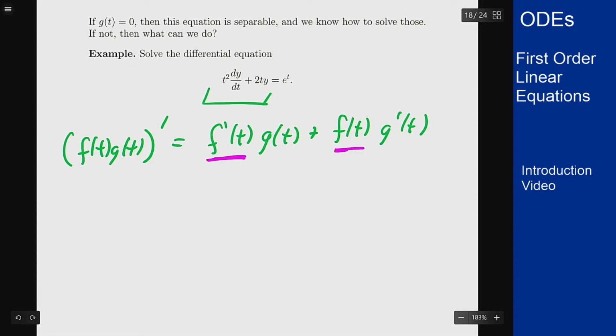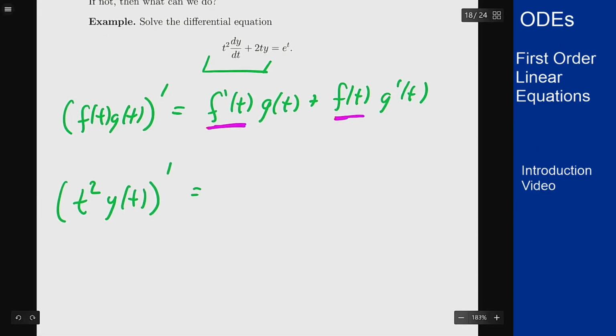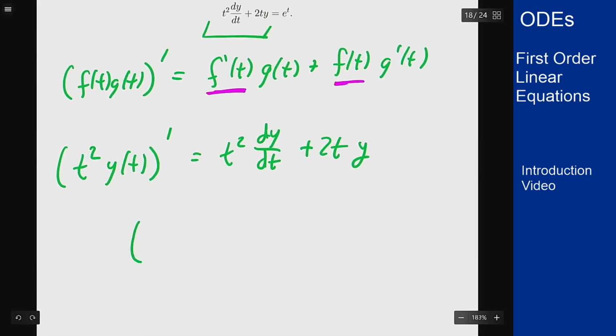In this case, yes, because if I look at the function t squared times y of t and differentiate that, I get t squared times dy dt plus the derivative of t squared, which is 2t, times y. That means I can rewrite this entire differential equation as the derivative of t squared y of t equals e to the t.